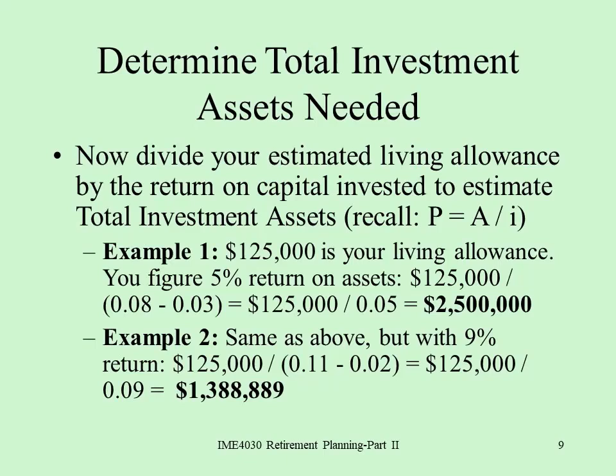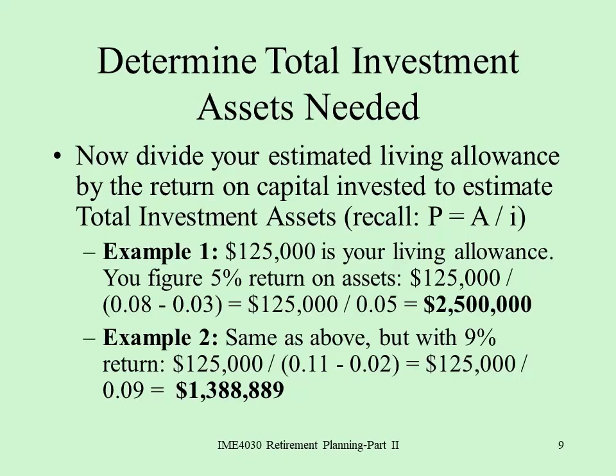So we're going to divide our estimated living allowance when we retire by this return on capital invested, and that will give us how much we're going to need to have upon retirement in order to fund our retirement.